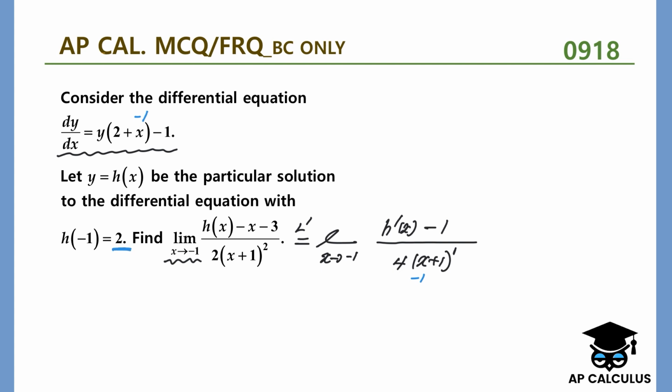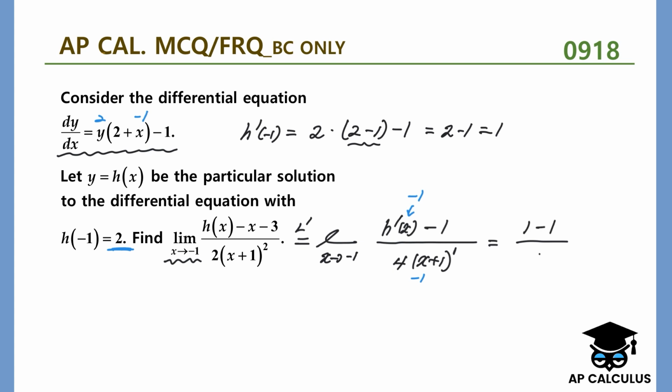So when x is equal to -1, y is equal to 2, so we have to substitute 2. So h prime of -1 is equal to 2 times (2 minus 1) minus 1. So that's 1, right? So this is 2 minus 1, which is equal to 1. So if we substitute -1 for x, that's going to be h prime of -1, which is 1, minus 1. Here we have a 0.